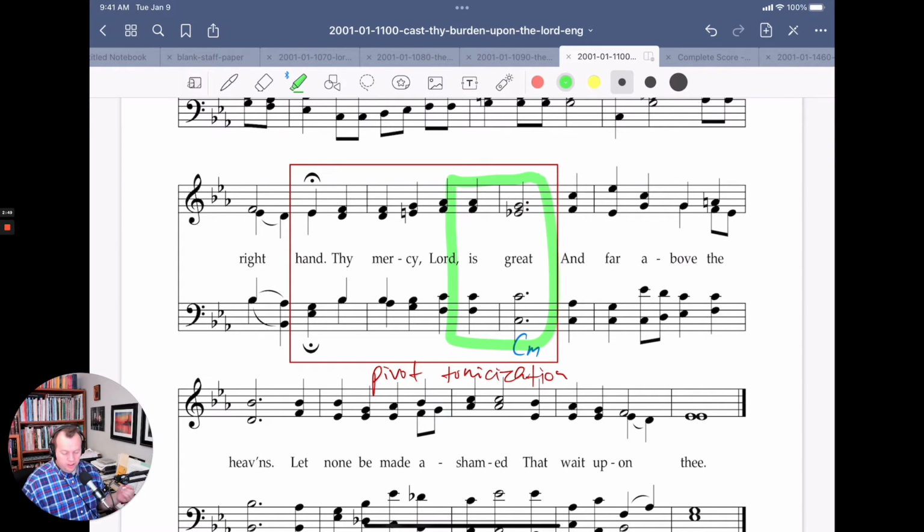Well, if you're going to arrive in a new key, you've got to at some point introduce the accidentals of that key. But the fun of this is the accidentals of the key of C minor are the same as the accidentals of the key of E flat major. So it's actually quite easy to slip from E flat major to C minor because, like I said, they're relative keys. They share the same key signature.